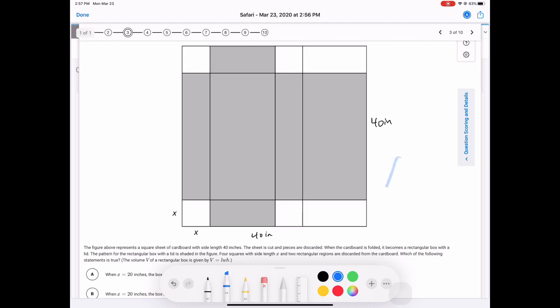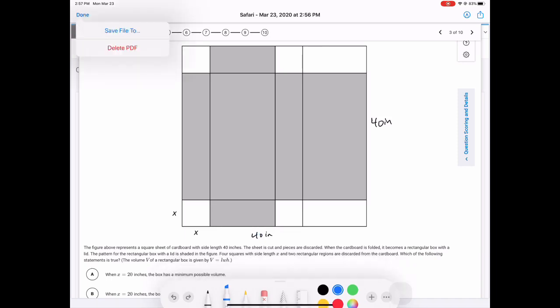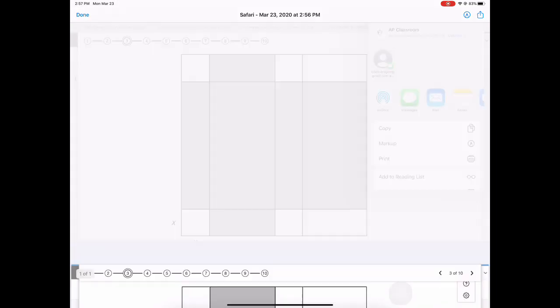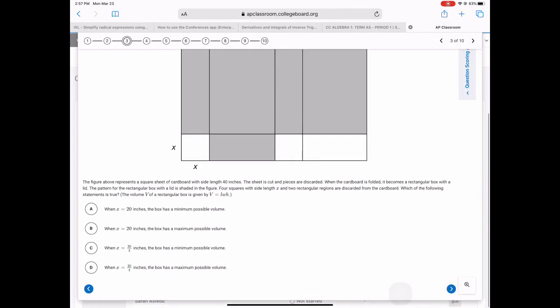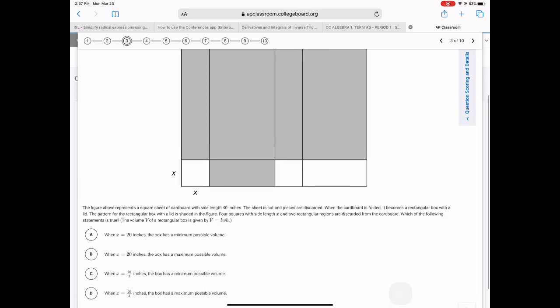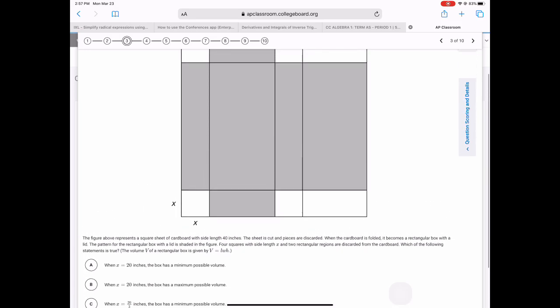The total is the volume. When x is equal to 20, the box has a minimum. When x is 20, it has a maximum. So we're looking at minimums and maximums, and which of these will be true?